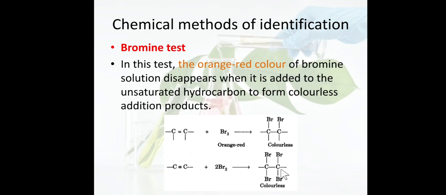So this adduct or final product is a colorless organic compound, whereas Br2 is brown in color. So if there is a disappearance of the brown or orange red color, then we can say there is a presence of unsaturated hydrocarbons in the natural product.